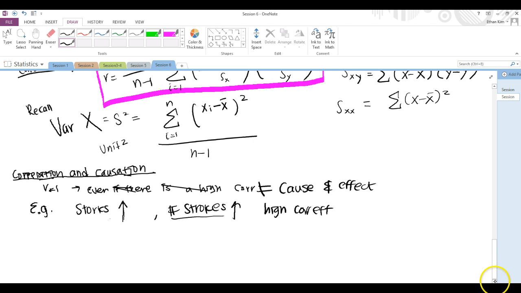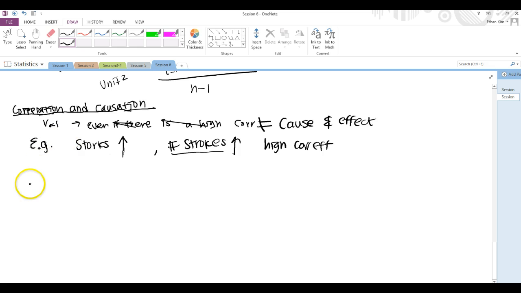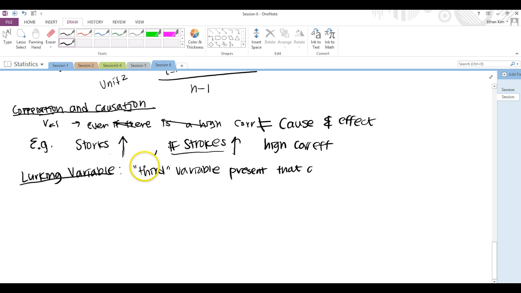And now I would like to discuss something called a lurking variable. We discussed this briefly before, and this is when there is a third variable present that is not factored into the analysis.